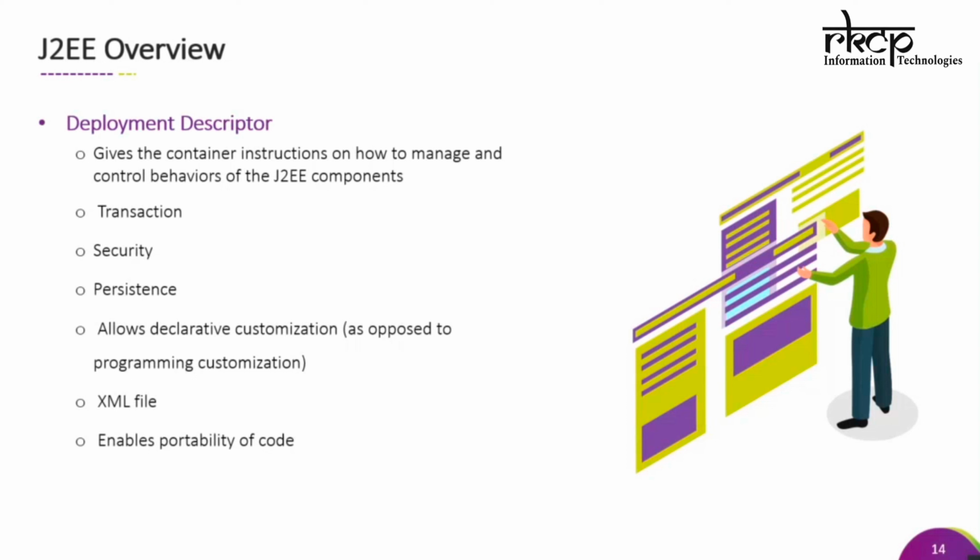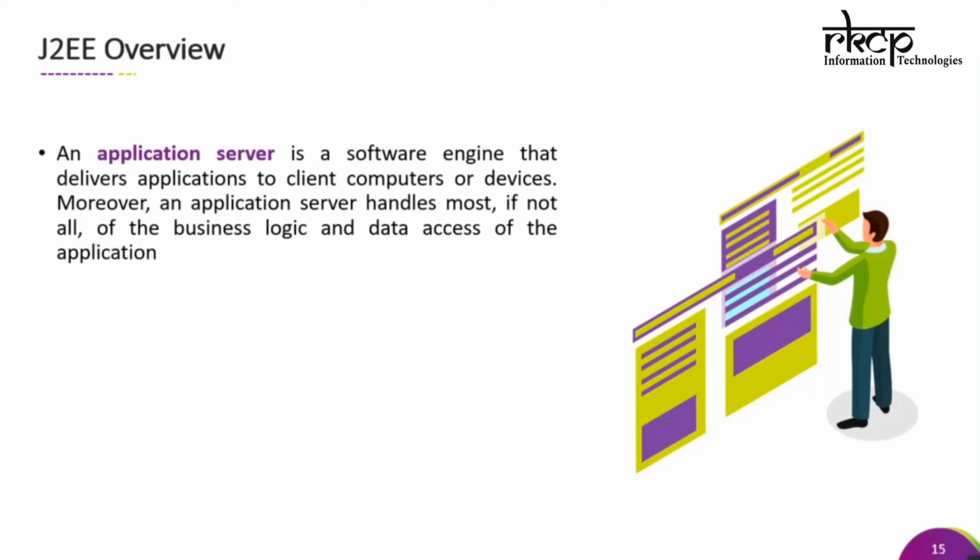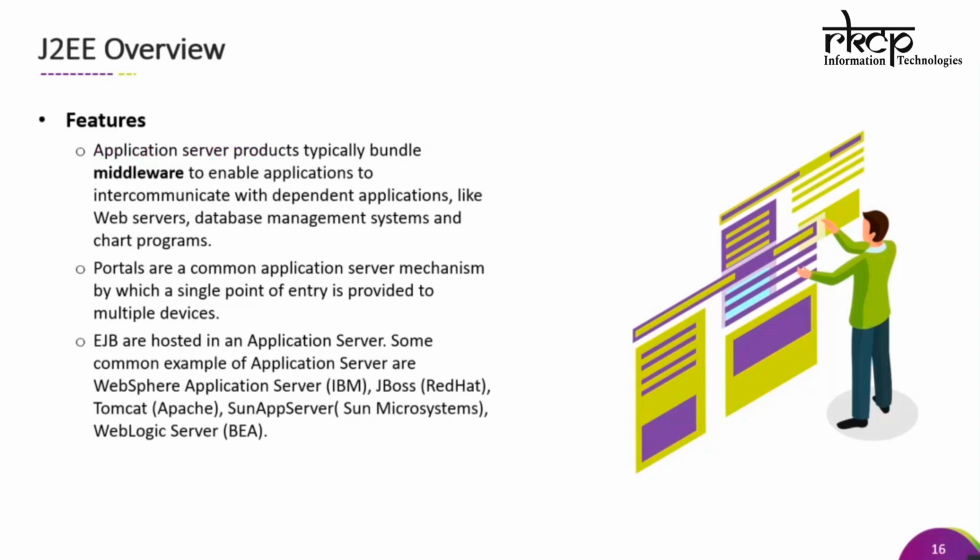Later I will show you practically how to create the deployment descriptor file. And finally, you have one application server. As I explained, everything will execute on the application server, and here I will use Tomcat as the application server.